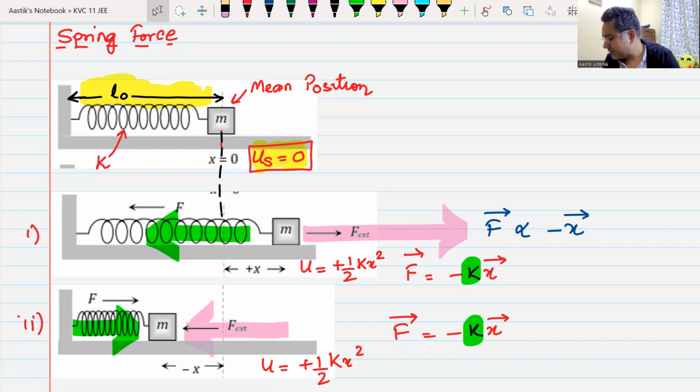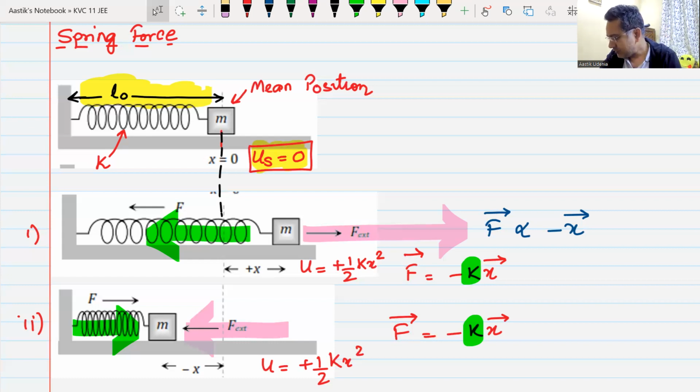When the spring is extended or compressed, it will start to apply a force. If it is extended, it will try to pull back. If it is compressed, it will try to push. So a spring can pull as well as push. In both cases, the energy stored in the spring is always taken as half kx square. It is not taken as minus half kx square, because of the reason I have already discussed.